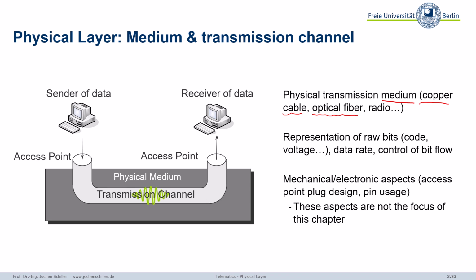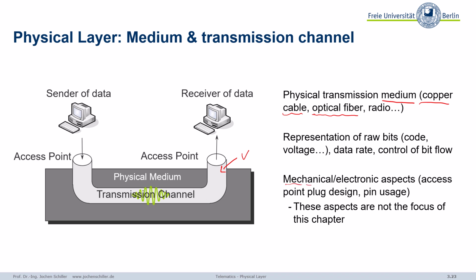We also have to specify and standardize how we represent data. How do we represent them down here in the signals? So voltages and different codes, etc. So yeah, that's something that has to be specified. Otherwise, in worst case, we have a shortcut and a problem in our computers.